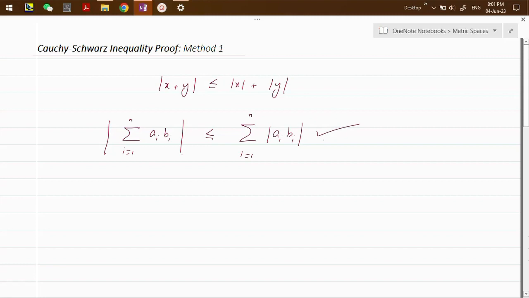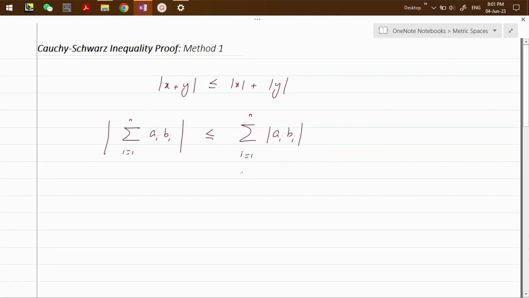This is due to the above inequality, mod of x plus y less than or equal to mod of x plus mod of y. That's very simple, I think. You can easily understand.